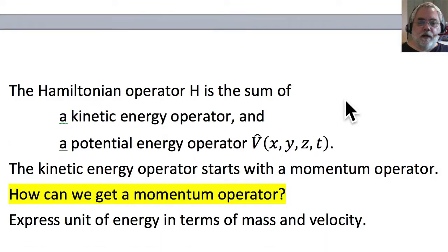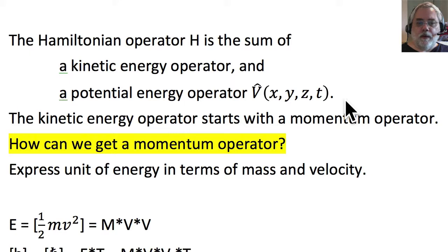The Hamiltonian operator, it's an energy operator. It's the sum of a kinetic energy operator, kinetic energy being motion, and a potential energy operator that's a function of position and time. Potential energy would be like interactions between particles, electrical attraction, electrical repulsion, and many other things.